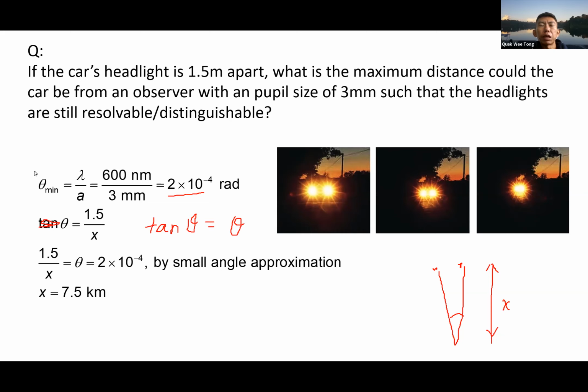Confirm one, because whenever you solve this kind of thing in ratio form, you are already using the radian version of things. It's no longer using degree. So here you can just use the formula and equal to theta, no need for tangent. And here you don't need to write this line. I don't know why my answer had this, because we already know that this is a small angle.